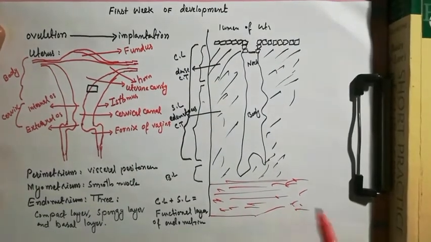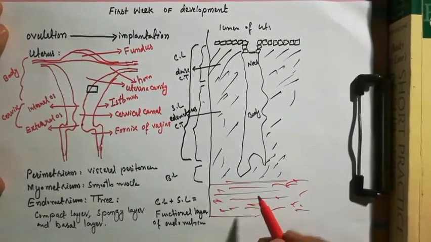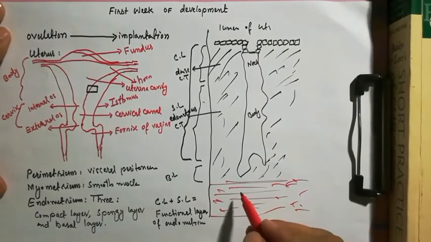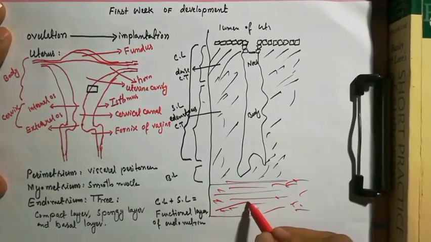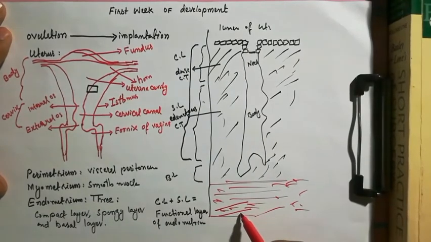Also, blood vessels of endometrium. This is uterine artery.